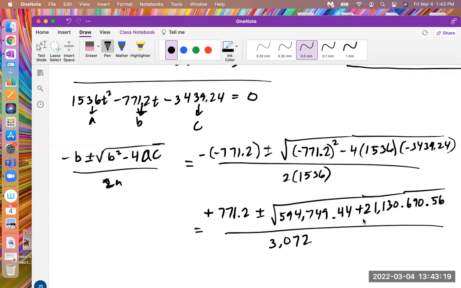Okay, let's see if my calculator will do this. And if you're trying to just use a scientific calculator, you might have to get a graphing calculator. Ooh, let me put this in parentheses. Okay.